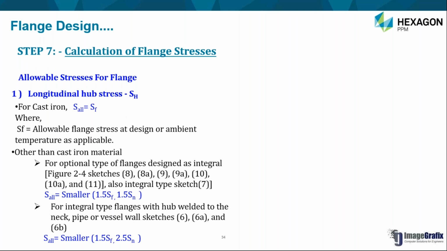And the typical integral type of flange is where there will be a butt weld, okay. So a butt weld will always have a higher strength as compared to a fillet weld, and hence that advantage the code has given when the construction has a butt weld. And because of that, if we observe, the allowable stress has increased to, over here, 2.5 times for that shell or the nozzle, okay.